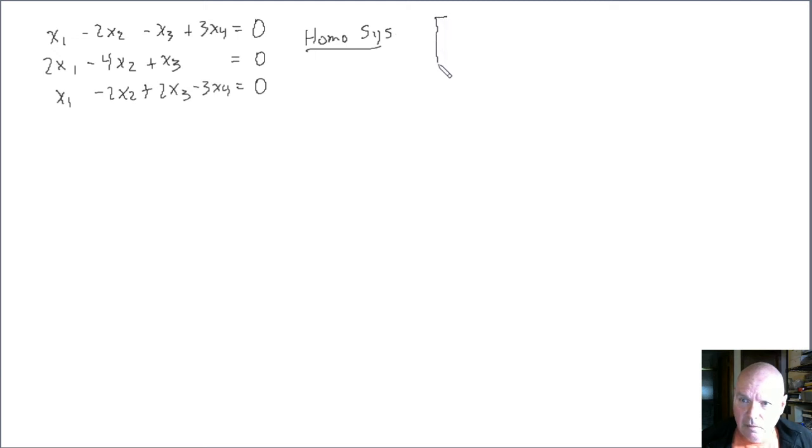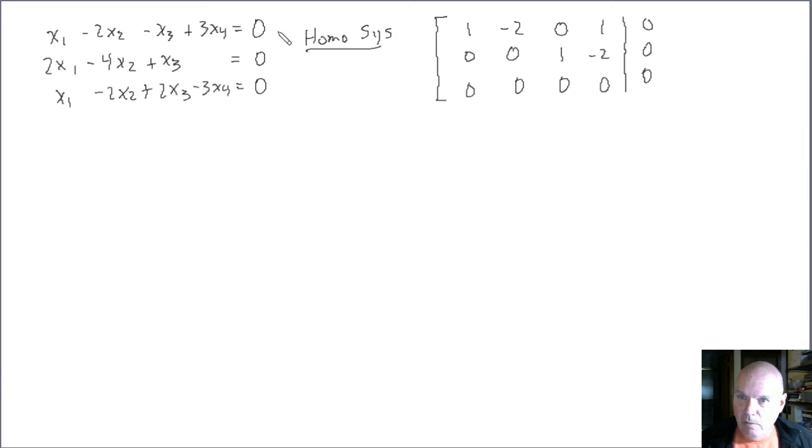Again, I can reduce this to reduced row echelon form. The constant portion of the matrix is exactly as before, when we were working with the non-homogeneous system. So the only thing that's different is the corresponding constant column vector.